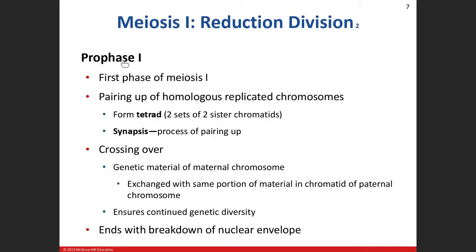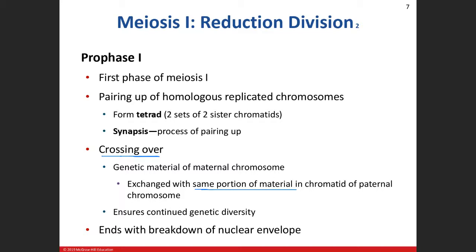Okay, so we've already seen in that picture, but this is where we're going to get that crossing over. We're going to exchange that genetic material, the same portion of genetic material on both the maternal and the paternal chromosomes. Okay, so what that means is I'm just going to swap out hair color, for example, on the male and female, or the maternal and paternal chromosomes, or eye color, or how tall someone's going to be, or how dark their skin's going to be, or how light their skin's going to be.